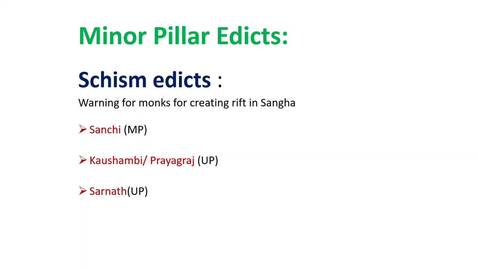Sangha is a place where the Buddhist monks lived. If a monk or a nun creates any rift within the Sangha, they will be terminated as a member of the Sangha. These orders were mentioned in three places: Sanchi in Madhya Pradesh, Kosambi or Prayagraj in UP, and Sarnath, also in UP.